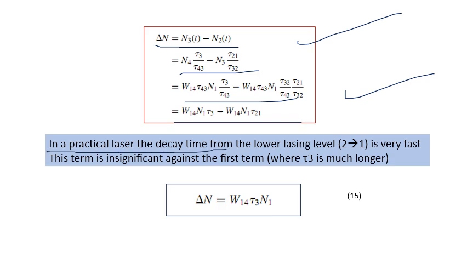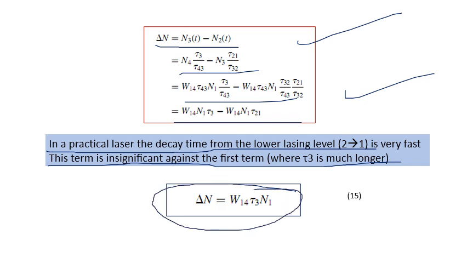In a particular laser, the decay time from the lower lasing level 2 to 1 is very fast. Okay, 2 to 1. So this term is insignificant against the first term, where tau 3 is much longer. Now you have this equation W14N. This is tau 3 and 1.